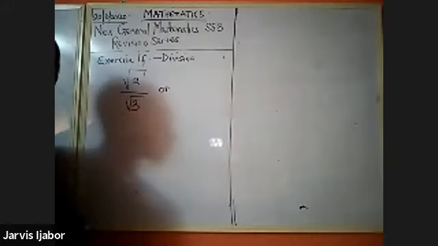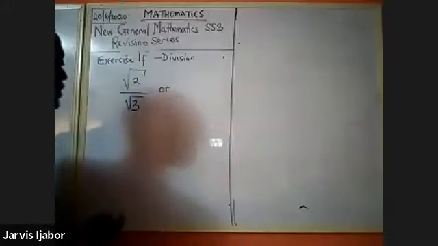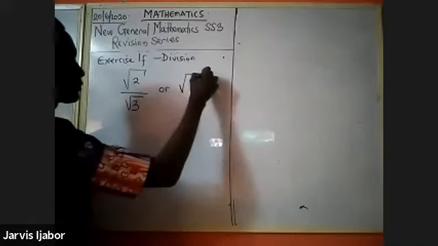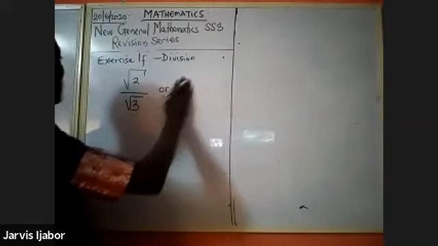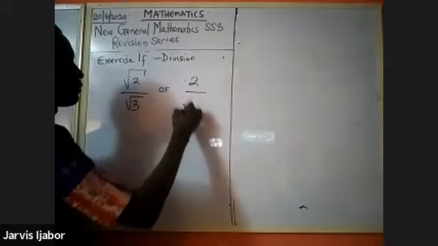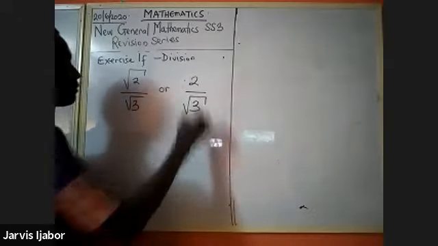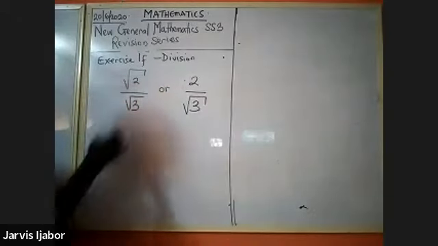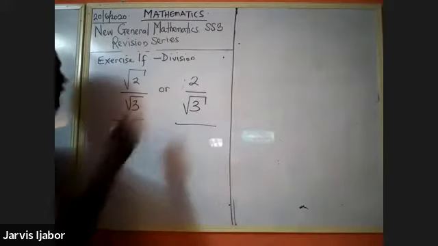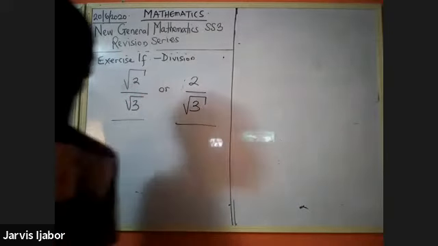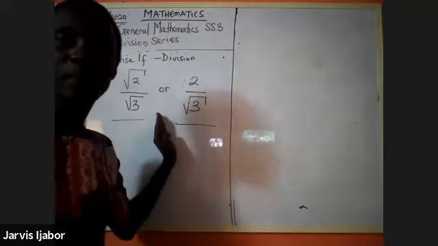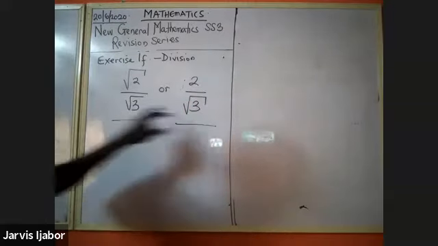Or another kind of iteration of the problem could be this. So either of these are treated as division under surd at the simplest level.